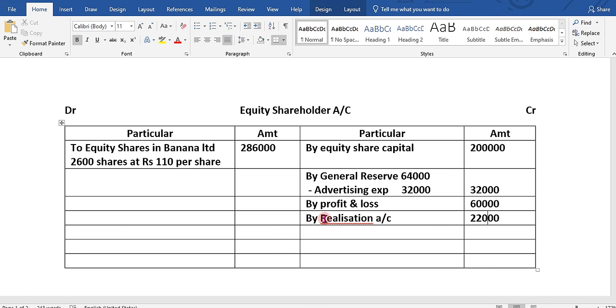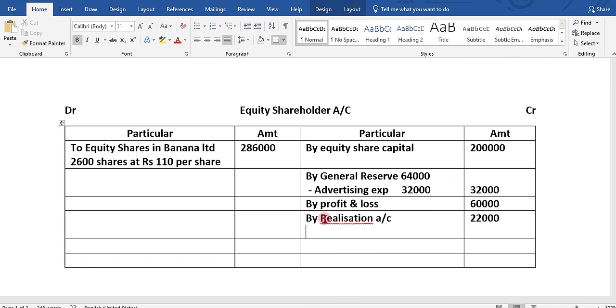The reason for this entry is profit on realization.